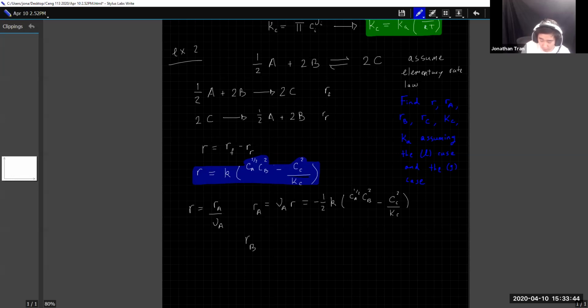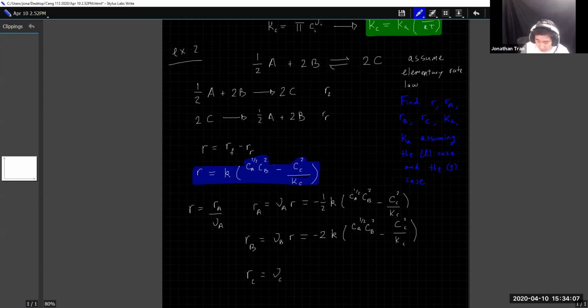Similarly, we are going to get nu B times R. In this case, it's going to be negative 2 k, and then the same reversible rate law here: Ca to the 1/2, Cb squared minus Cc squared over Kc. And then we only have one more, so I'll just write it out.